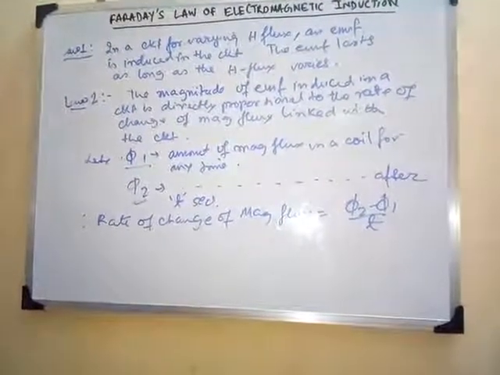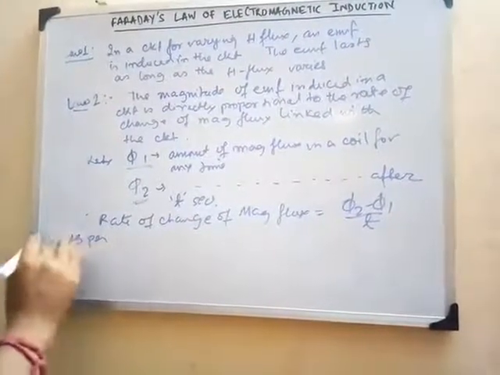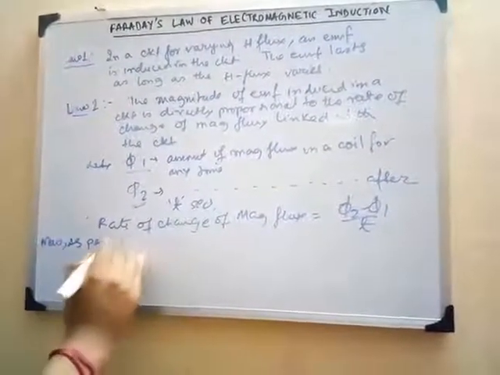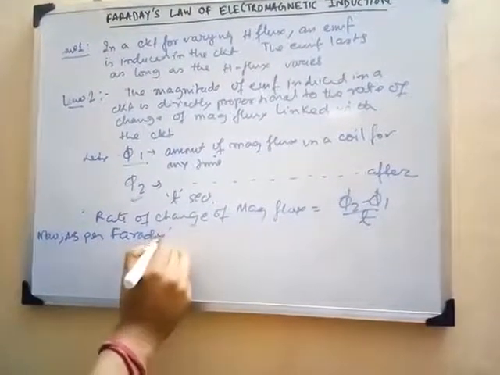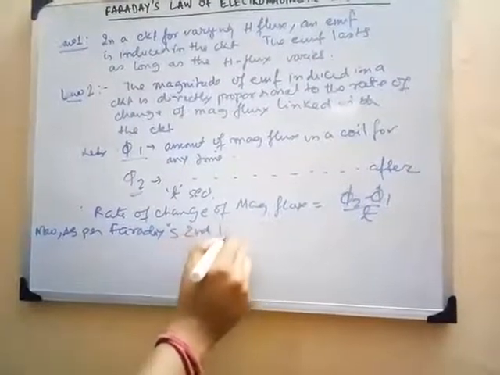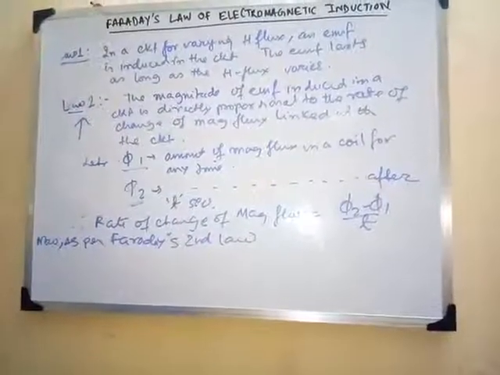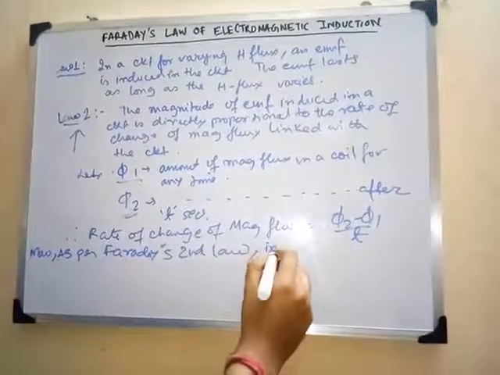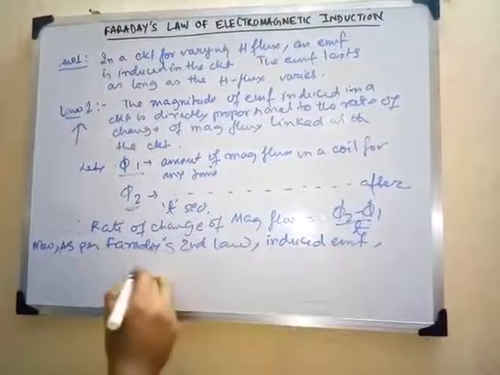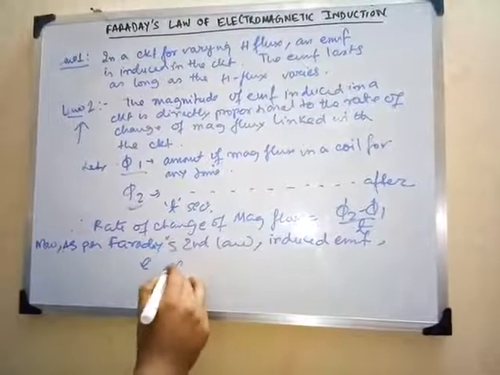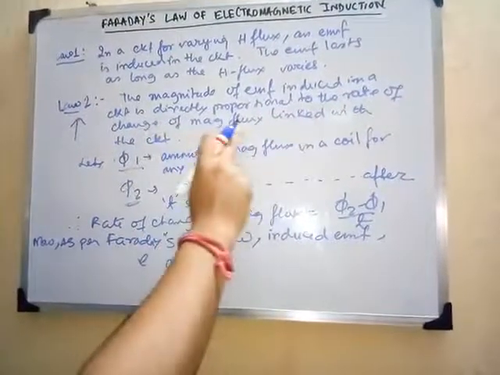Now as per Faraday's second law, I'm talking about this law. So as per Faraday's second law, induced EMF, suppose we take it as E, will be directly proportional to the rate of change of magnetic flux.